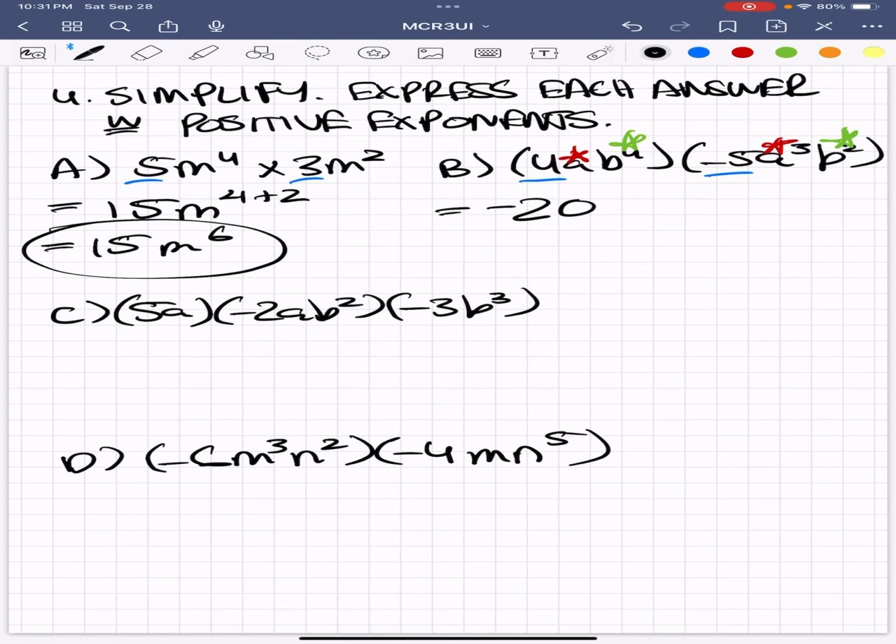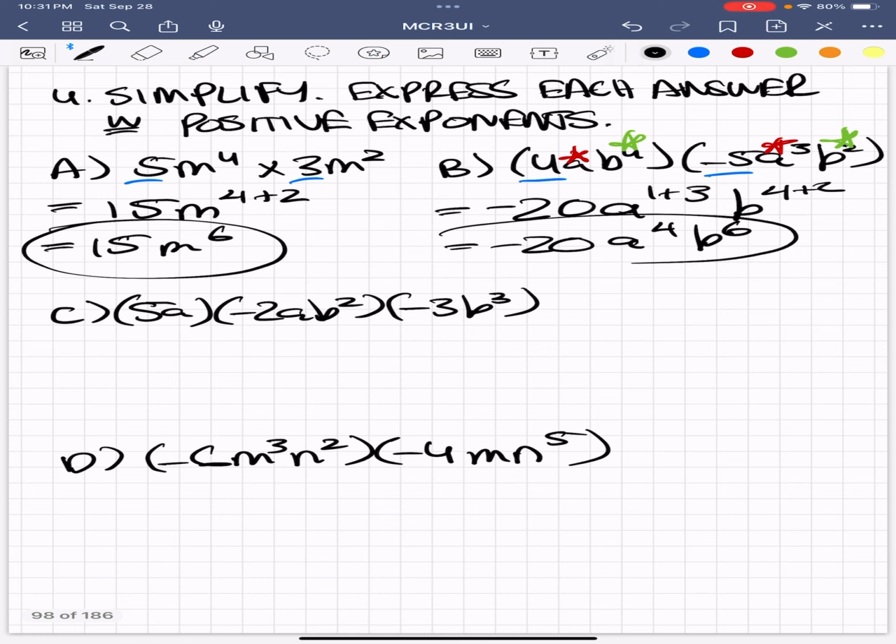So a to the power of 1 and a to the power of 3, so 1 plus 3, and then we have b, and b is to the power of 4 and to the power of 2, so 4 plus 2, and then we have -20 in front again, because we multiplied the coefficients, so a to the power of 4 and b to the power of 6. And that's our final answer.